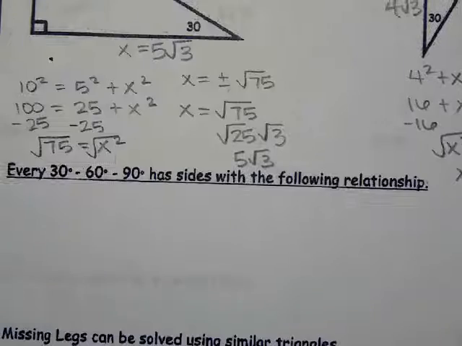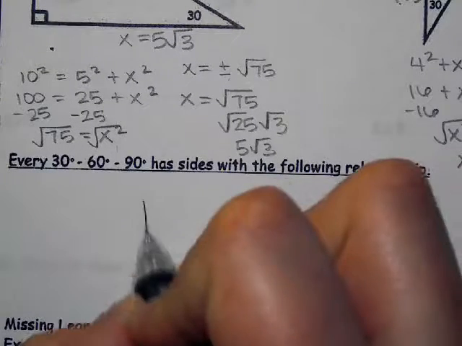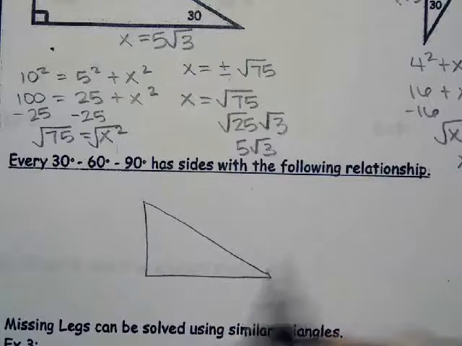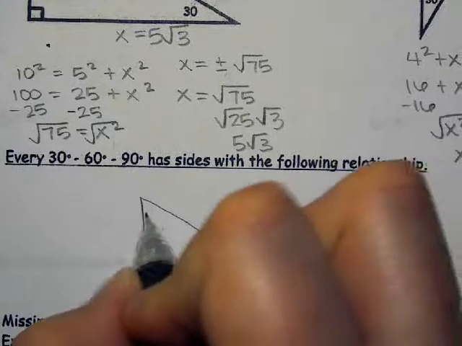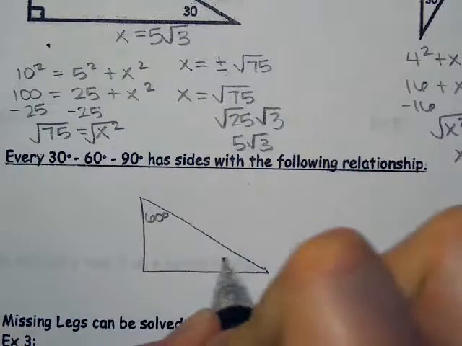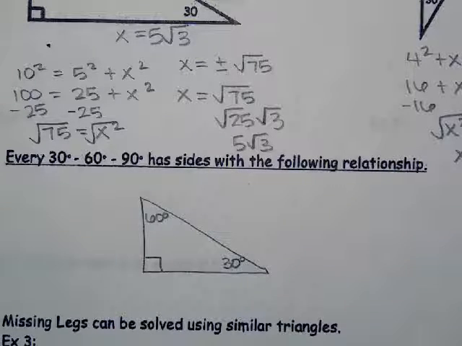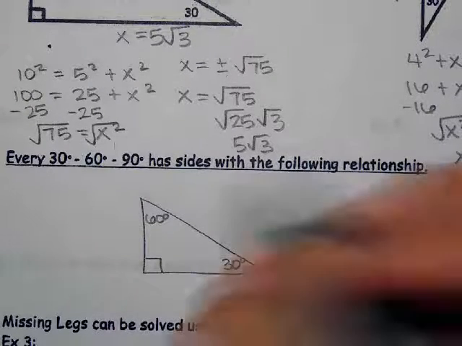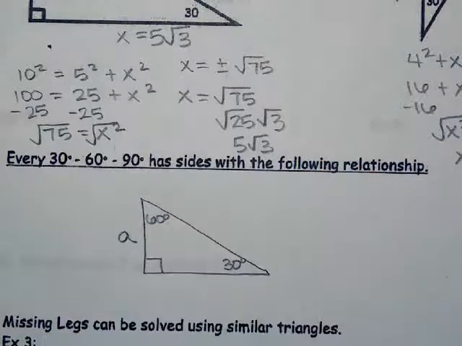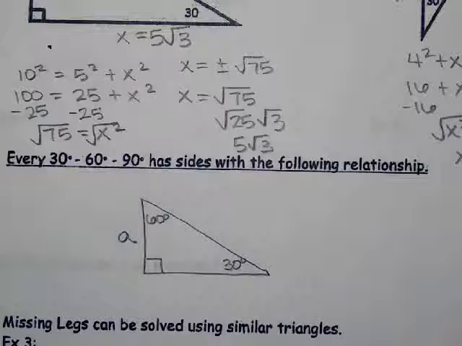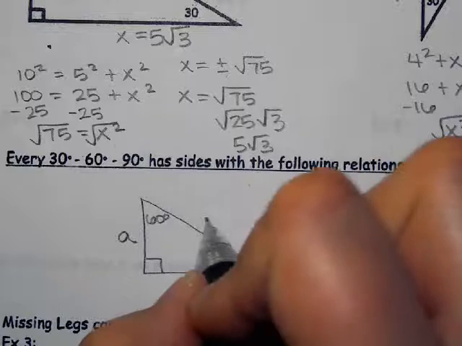Okay, so let's write down what we noticed. So we've got, this is the 60-degree angle, this is the 30-degree angle, here's the 90-degree angle. So if I wrote that A is the shorter leg, then what would the hypotenuse be? 2A, okay.